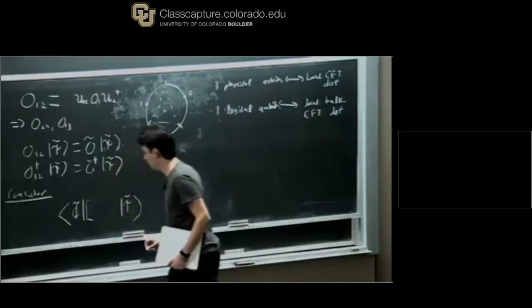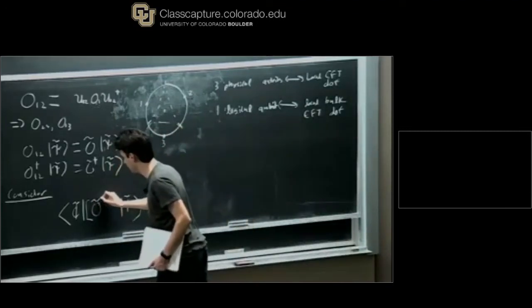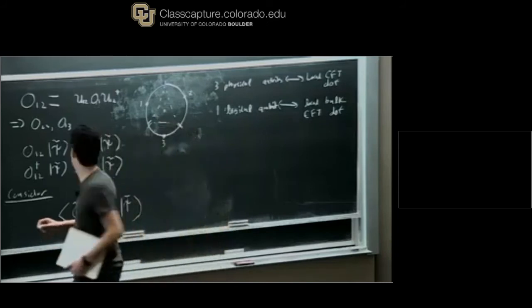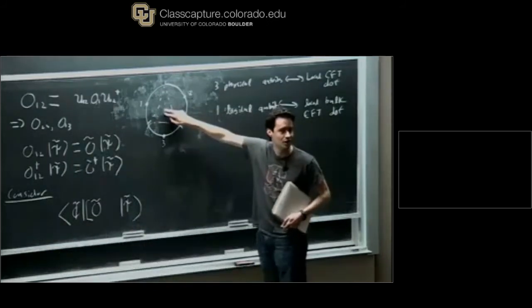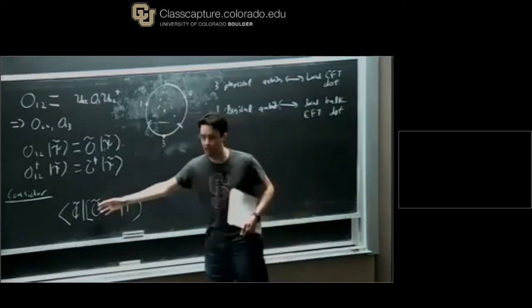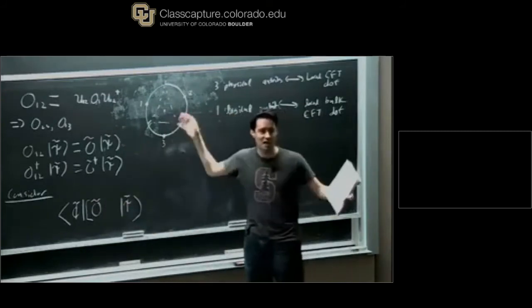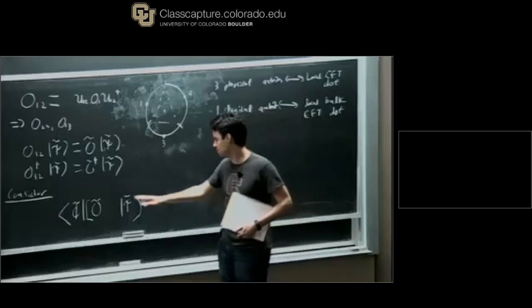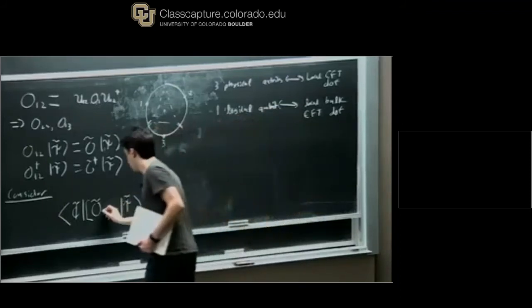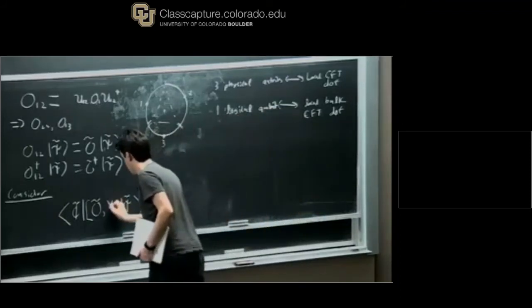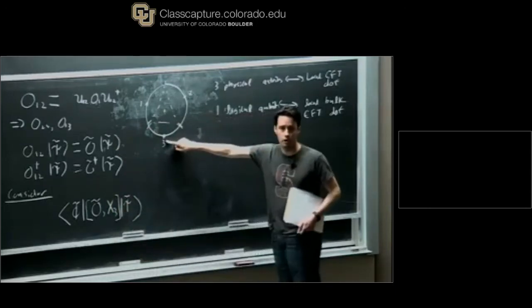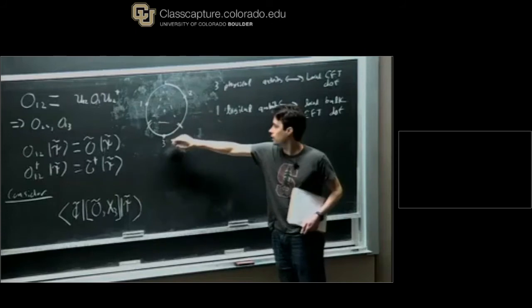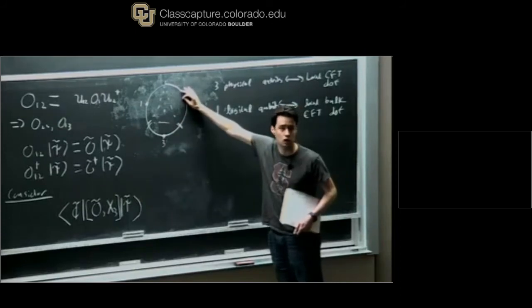Then we can take O tilde to be some logical operator, some bulk field sitting here. Depending on which O tilde you pick, it might be phi, it might be phi dot, who knows. Then let's compute its commutator with an arbitrary operator which acts only on the 3rd qubit. An operator that acts on only one of the qubits is a local operator in the boundary.